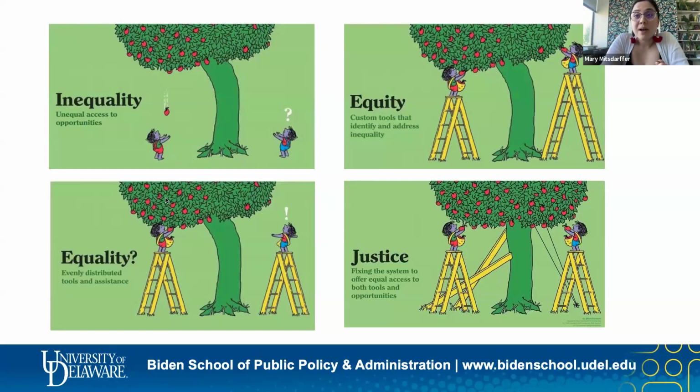So when we're talking about equity, we're not talking about equality. Equality measures are something that are really done within the United States. If you think about during the COVID-19 period, the first time that COVID-19 tests were sent out in the US mail, every household got 4 tests, right?